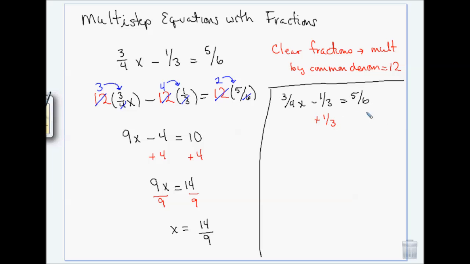We don't want to clear the fractions. I'm going to add 1/3 to both sides. Yeah, but I need a common denominator, right? I'm going to change that 1/3 by multiplying it by 2 and 2, so I'm going to get plus 2/6. So I have 3/4 x is equal to 7/6.